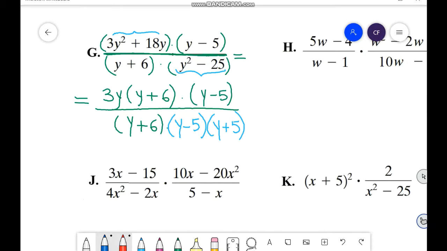What are the common factors? Y plus 6 definitely is a common factor, and y minus 5 definitely, yes, a common factor. What remains on the numerator is 3y, and on the denominator remains y plus 5, which is the answer.